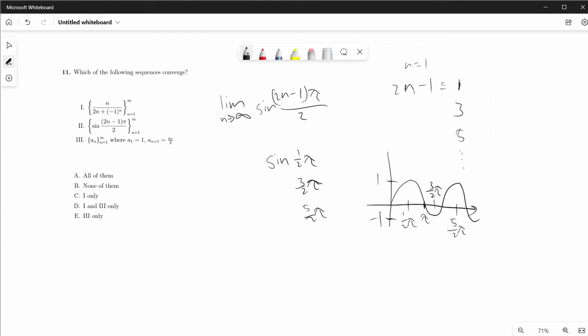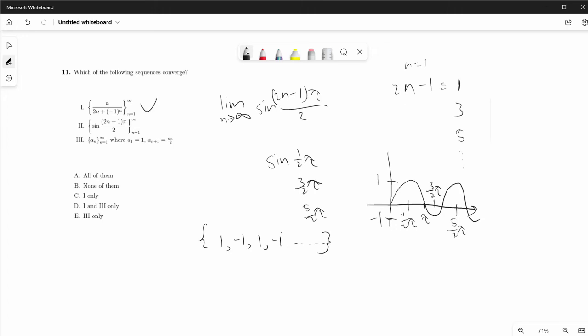So the values of the sequence are going to be 1, -1, 1, -1, and it continues to oscillate between these two values. And oscillation means that the sequence is not going to approach any specific number. Therefore, the sequence will not converge.